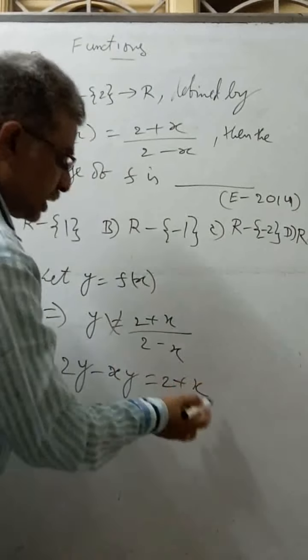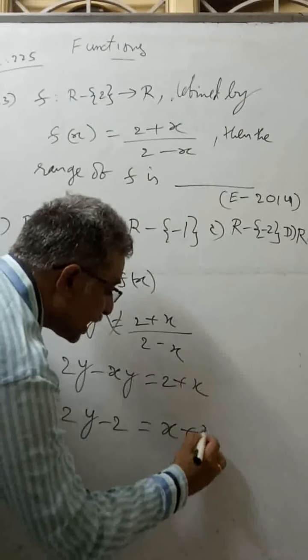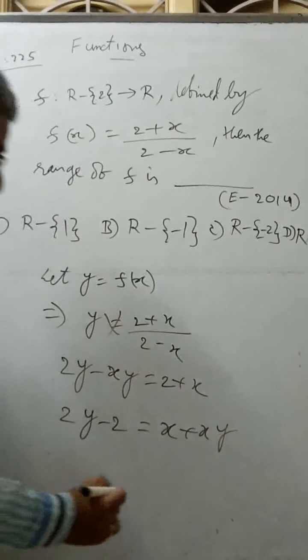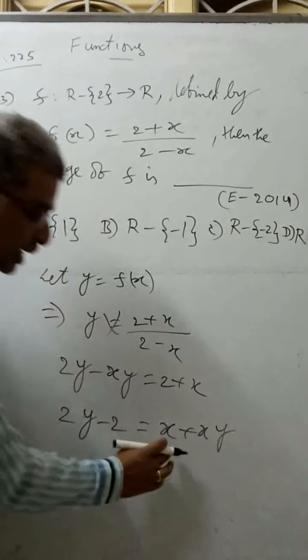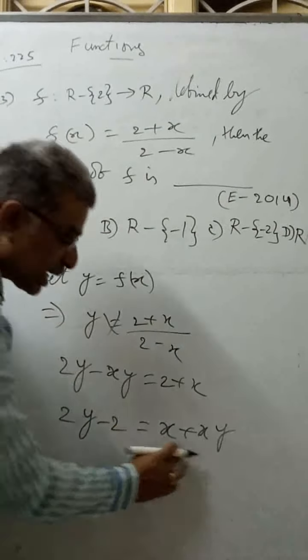So 2y minus 2 equal to x plus xy. If I take x common, x into 1 plus y equal to 2 into y minus 1, there is 2y minus 2, doesn't matter. Now x in terms of y is 2y minus 2 by 1 plus y.